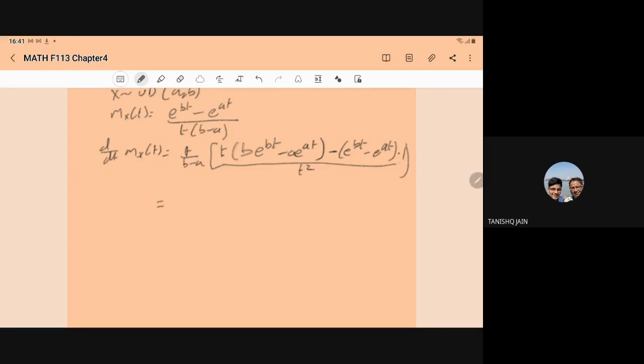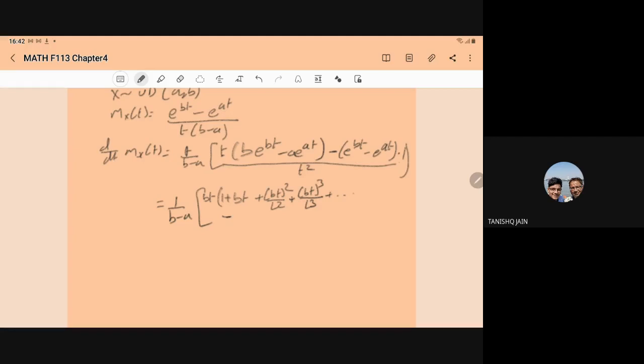In this case 1 upon b minus a. Now e to power tb can be written as 1 plus bt plus bt square upon factorial 2 plus bt cube upon factorial 3 and so on, right?